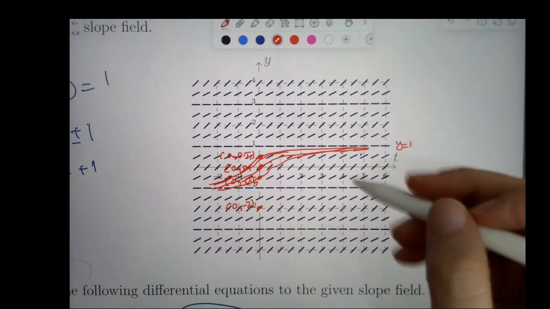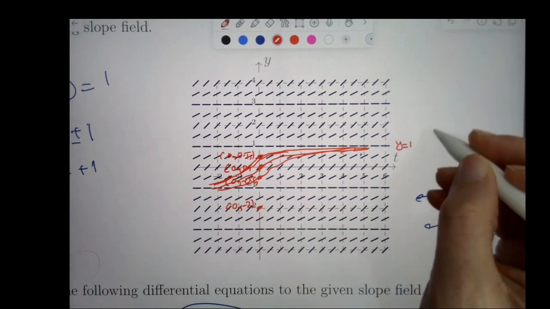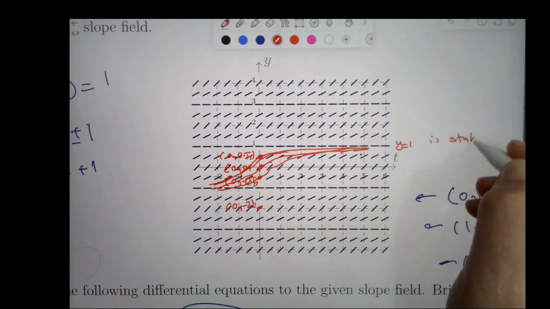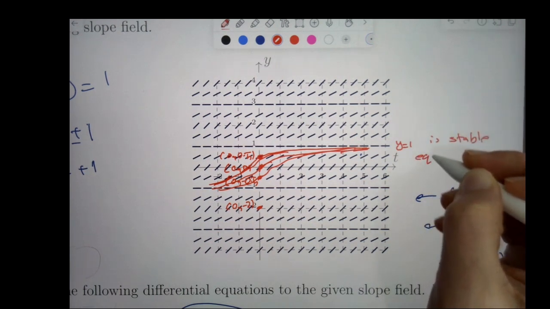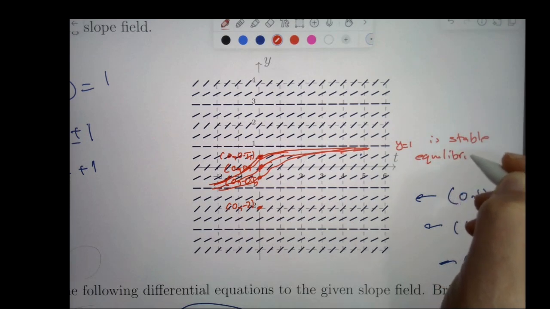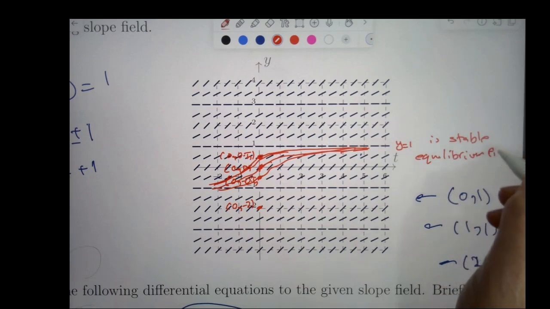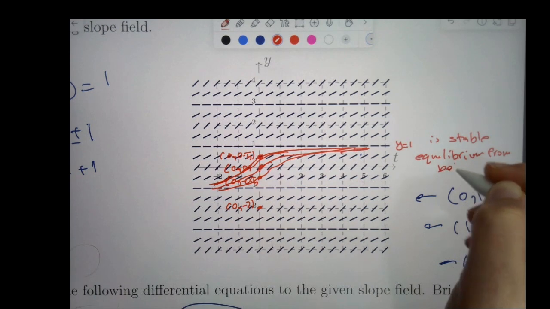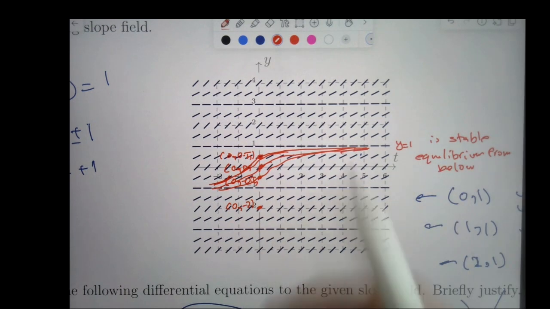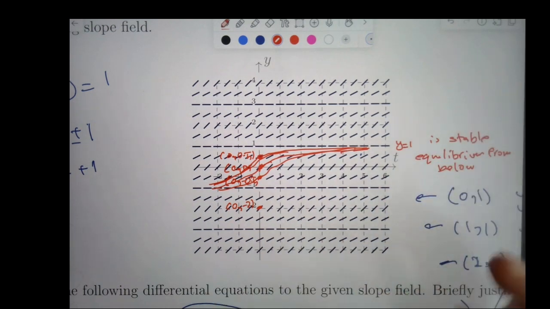In fact, it's very obvious. y equal to 1 is a stable equilibrium from below. It is not stable from above, so it's not fully stable, it's semi-stable.